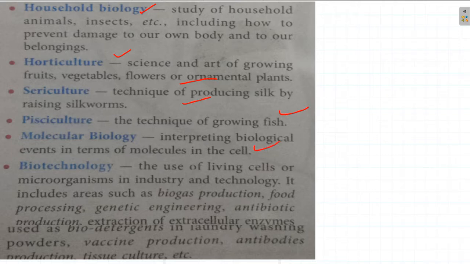In the same way, biotechnology, the use of living cells or microorganisms in industry and technology, is called biotechnology. The examples of these areas include biogas production, food processing, genetic engineering, antibiotic production, etc., extraction of extracellular enzymes, right? Vaccine production, antibodies. These come under tissue culture, biotechnology.